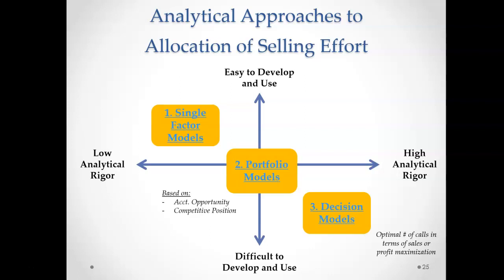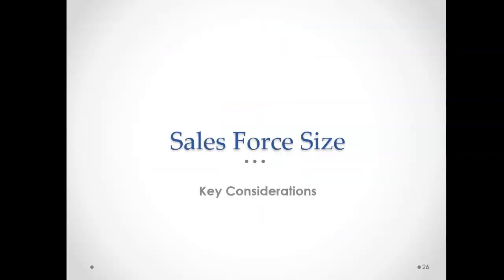The problem with this is that because it's the best option, with higher analytical rigor, it's more difficult to develop and use. You need someone with a statistics background, maybe someone in marketing research. Those are those models, and all I want you to know is what's on this slide.